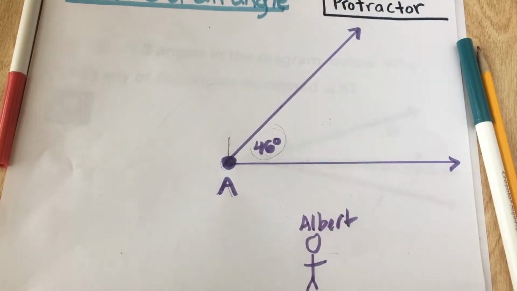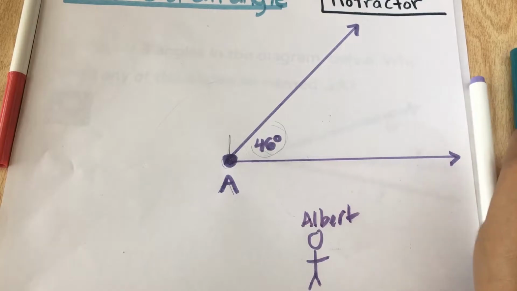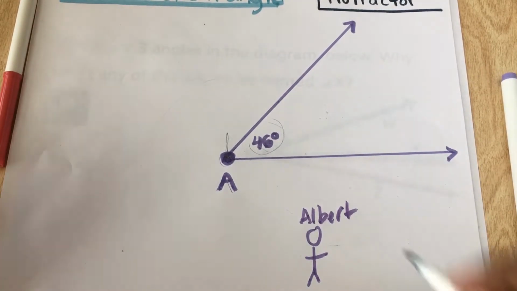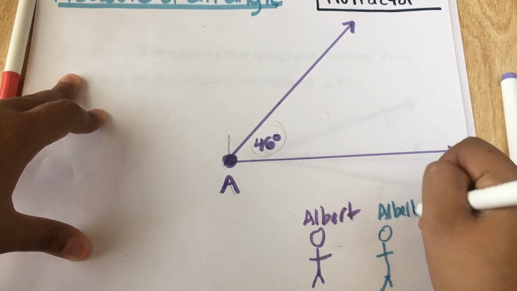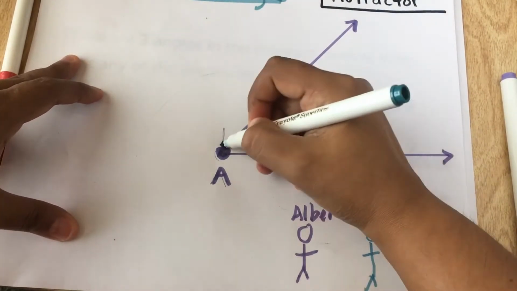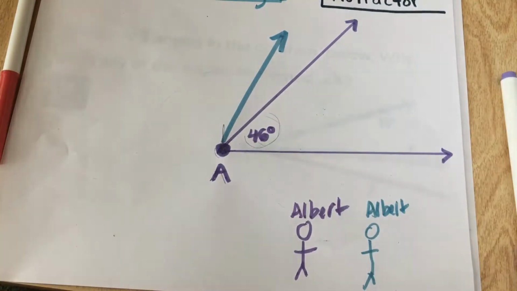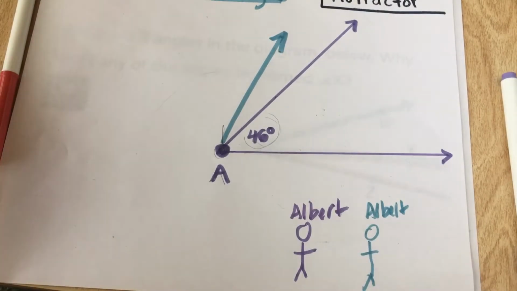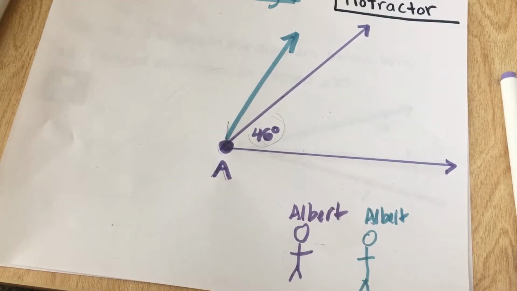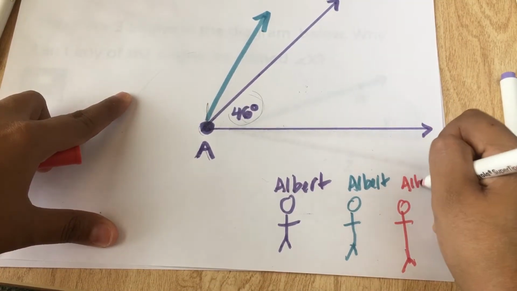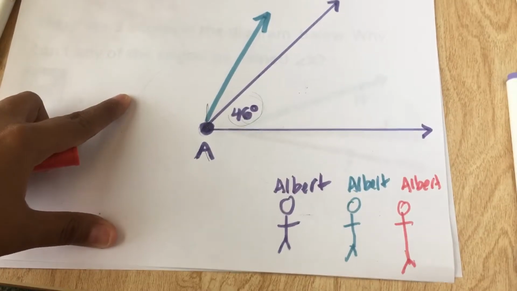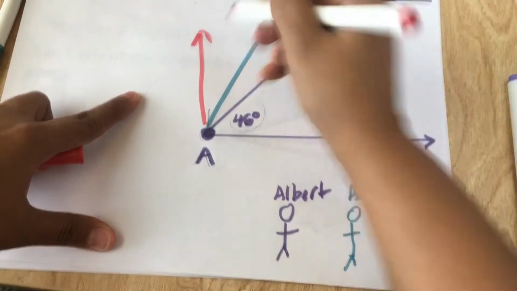But then, let's say the next year in the same class, I get another young boy named Albert. Sometimes it happens. I've had two Chris's, actually 3 Chris's before. And then there is another Albert.